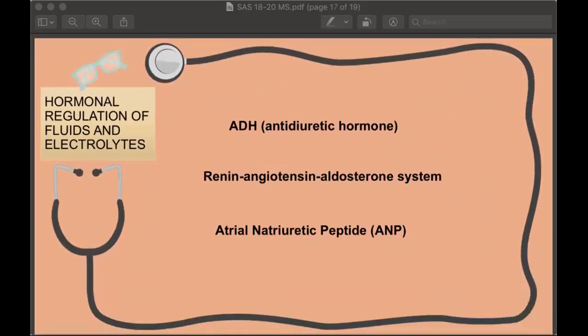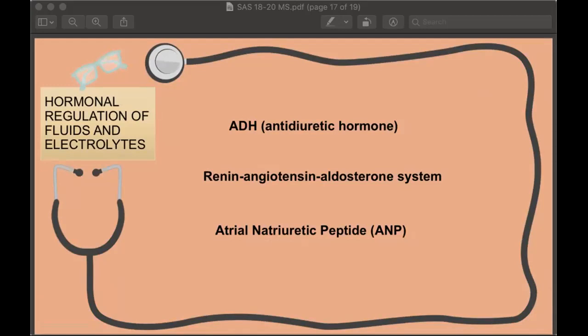So we're going to talk about your ADH, or your antidiuretic hormone. Okay, here your ADH is produced from your hypothalamus to reduce diuresis and increase water retention if serum osmolality increases or the blood volume decreases. Okay, so it will be produced from your hypothalamus.